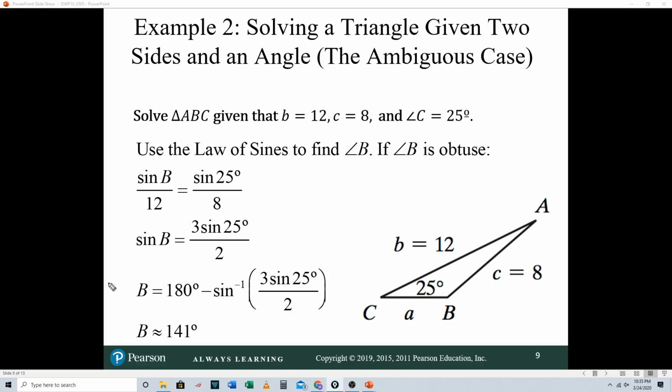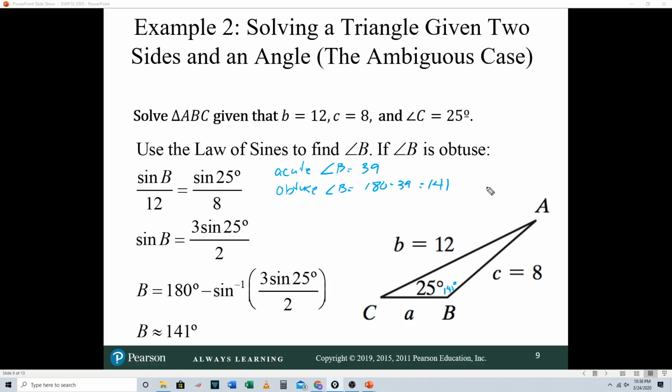Now we're going to use the fact that we found b already. B was 39. So to find the obtuse angle, so this is angle B, we'll say acute angle B is 39. Obtuse angle B, in that case, would be 180 minus 39. This is, again, how you always find the obtuse angle. And that will be 141 degrees.